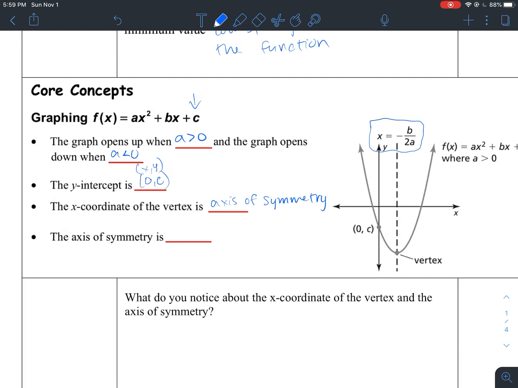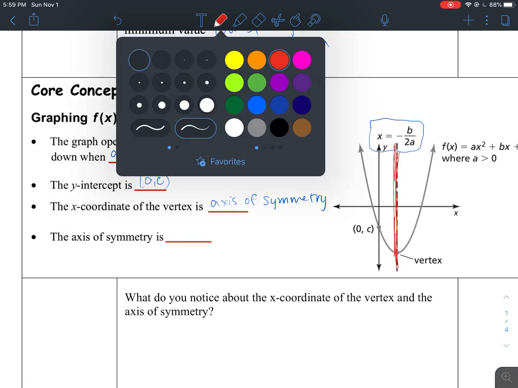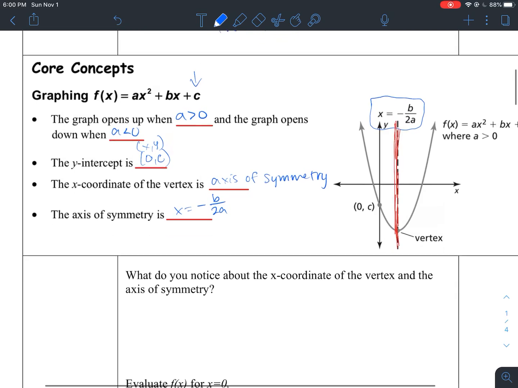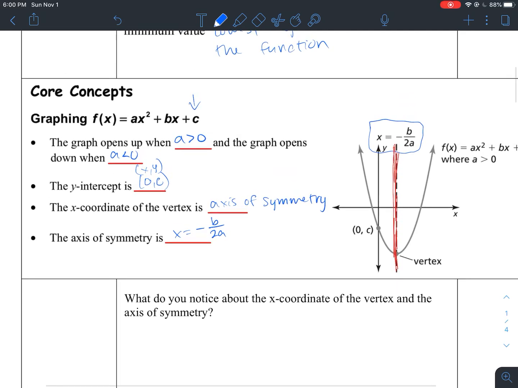So here is the axis of symmetry, and here's an equation for it. The equation is x is equal to negative b over 2a. So negative b meaning this value right here, and a being this value right here.